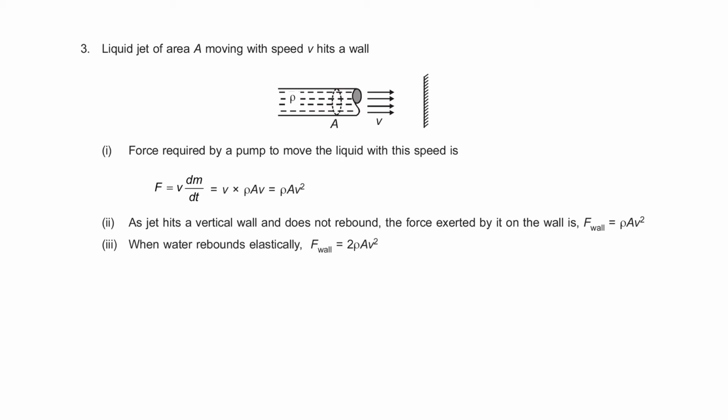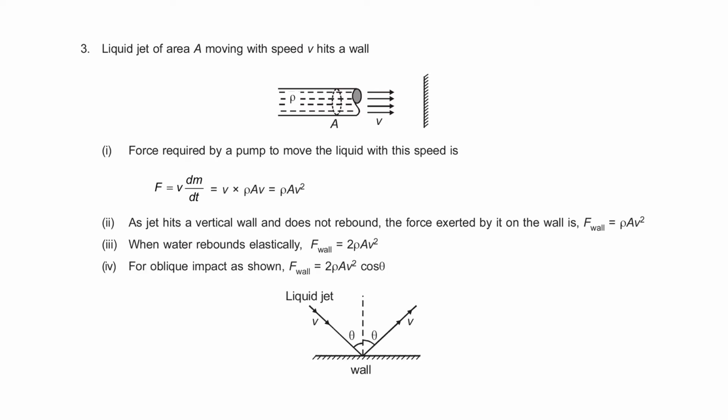When water rebounds elastically, F wall is equal to 2 rho Av square. Point number 4. Refer to the image on the screen for point number 4. For oblique impact as shown, F wall is equal to 2 rho Av square cos theta.